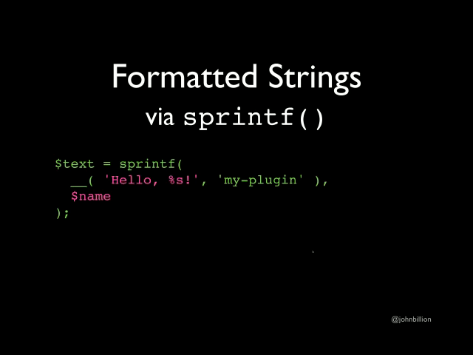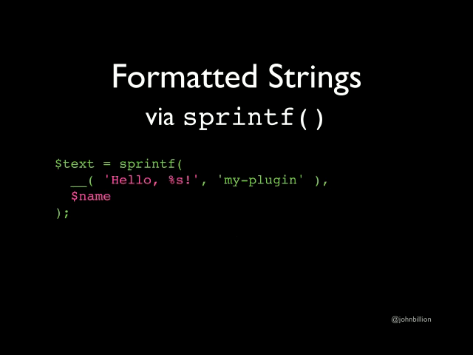So the solution is to use PHP's sprintf function. This is a function built into PHP. What we do instead is we have the phrase hello, and we put a placeholder in here. This %s is a placeholder. And then when your translator comes along, they will see this phrase called hello %s, and they will know that this %s is a placeholder for another piece of text.